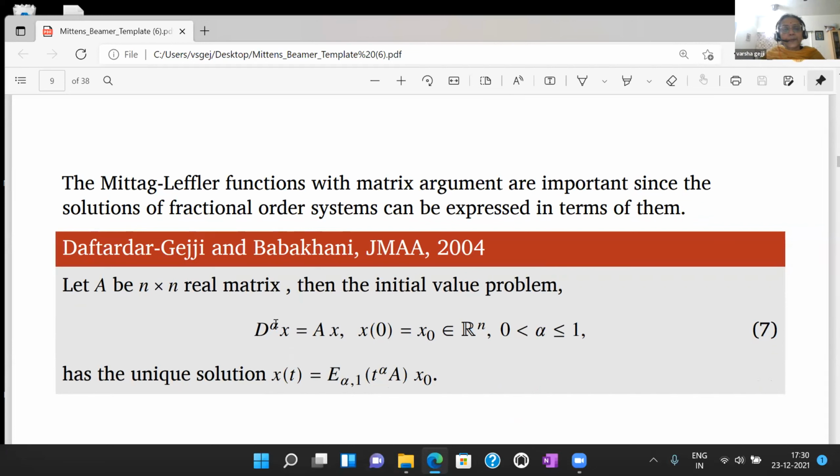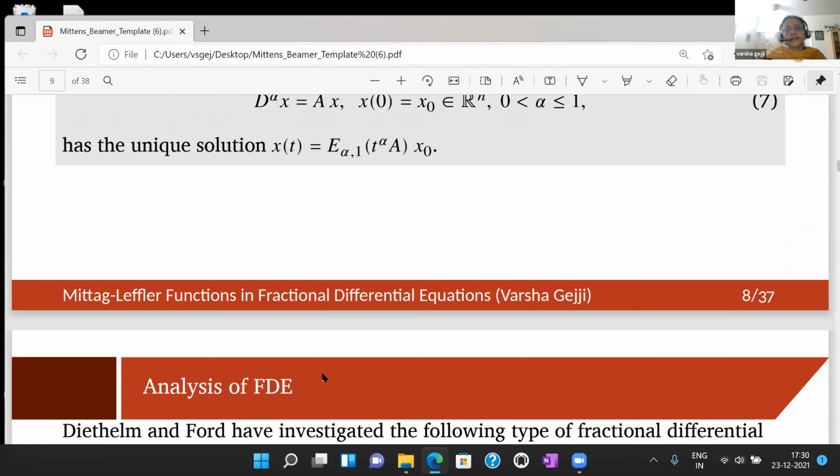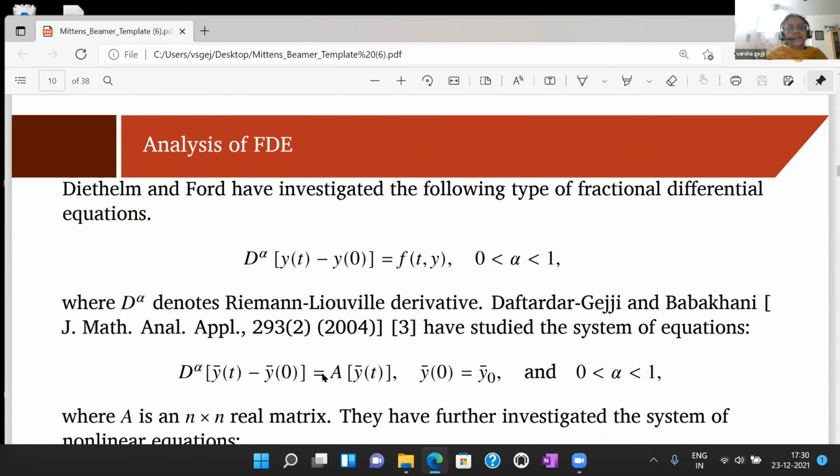In our paper in JMAA, we have given a proof that if A is an n cross n real matrix, then this initial value problem D^alpha x = Ax, where x is an element of R^n, is a linear system of n equations, and it has a unique solution x(t) in terms of E_{alpha,1} with this matrix argument. So this is where the whole study started.